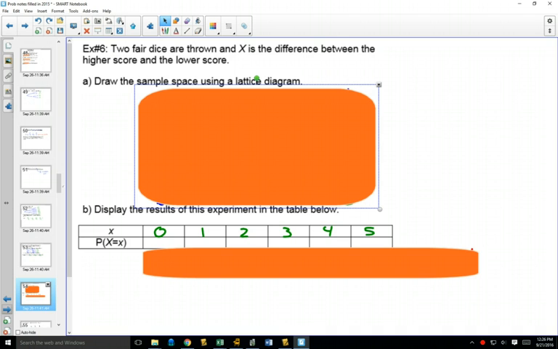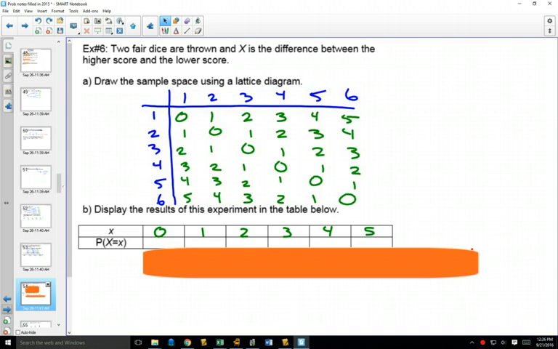So if we look at the differences between the two dice, this is what our new chart or lattice diagram would look like. Once you've done that, I want you to see if you can fill out the probabilities.